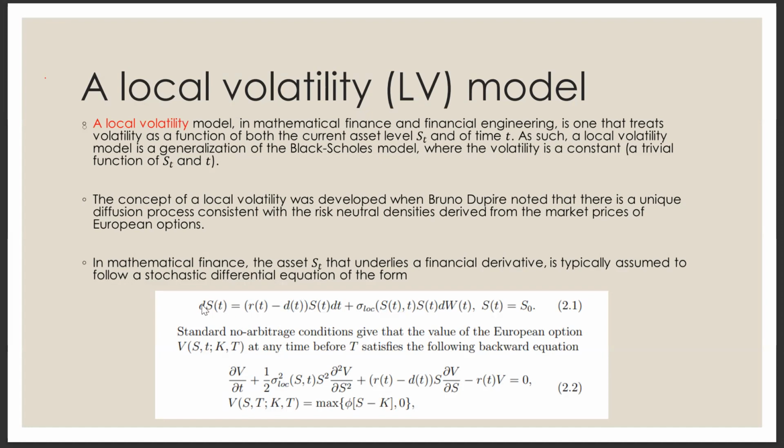So in the Black-Scholes formula, we had dS equals rS dt plus sigma S dWt, and sigma was constant. But in this model, everything is the same, only this sigma isn't constant, but a function of S and t.